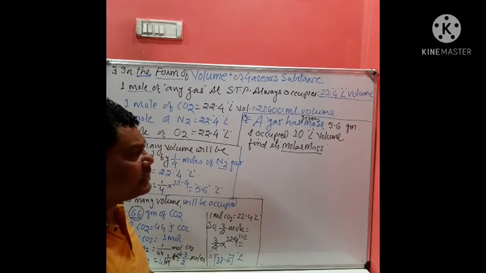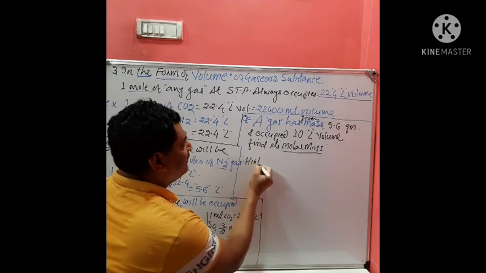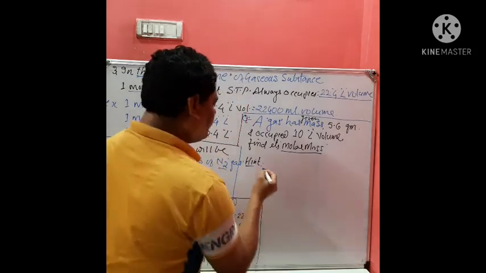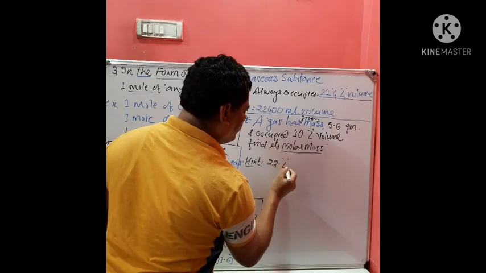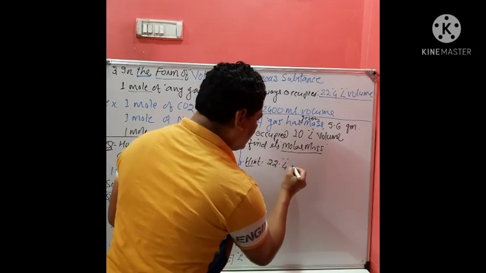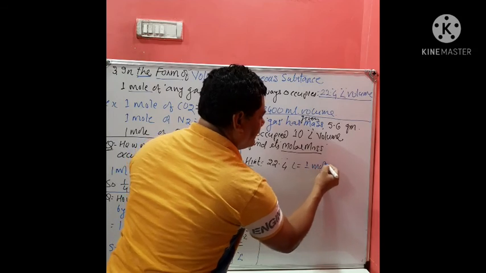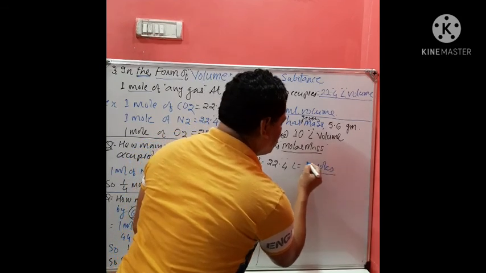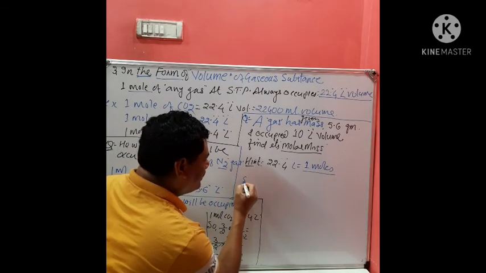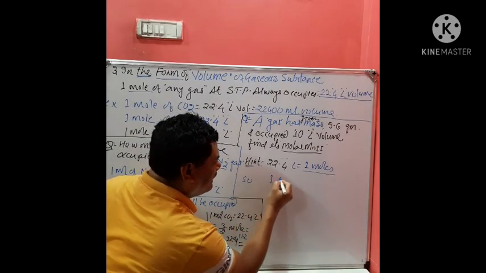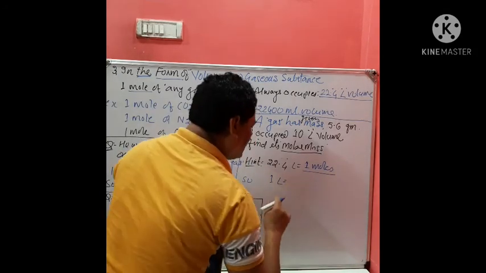So can you solve the question? I am giving you some hint. Like here, 22.4 liter is equal to 1 mole. So 1 liter is equal to how many moles?